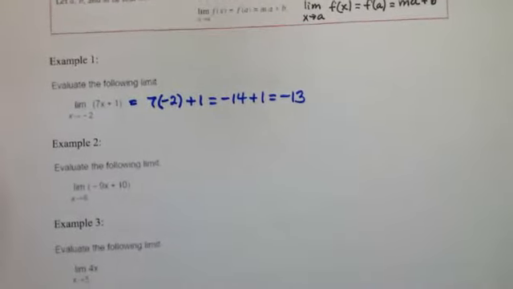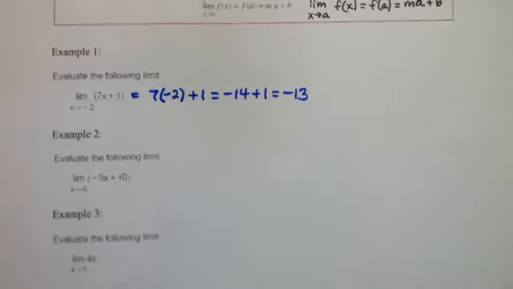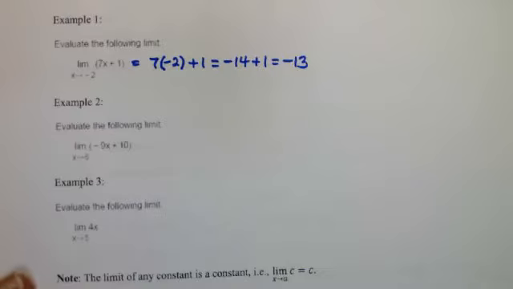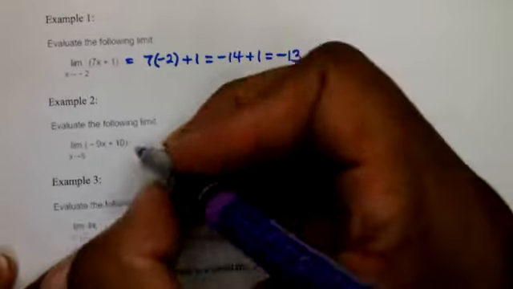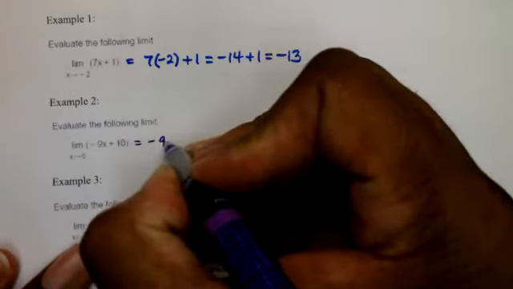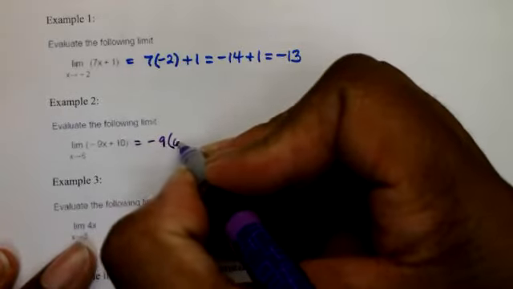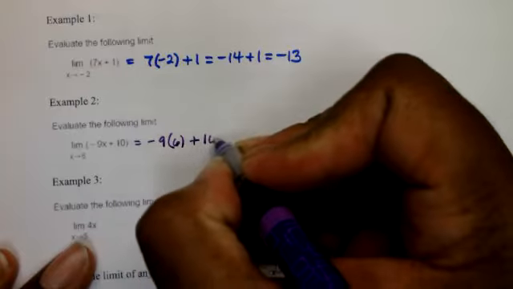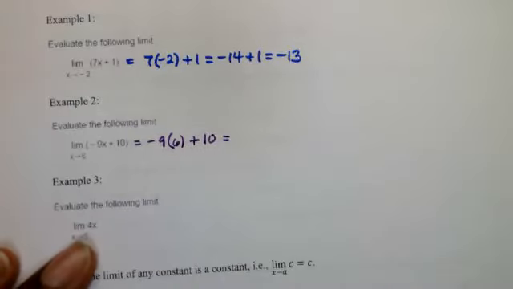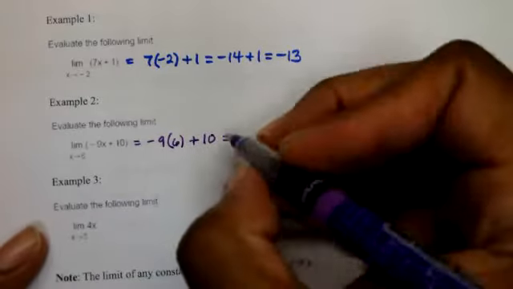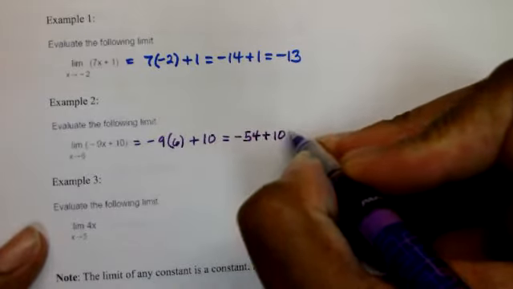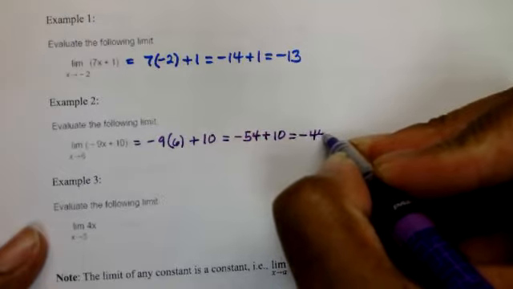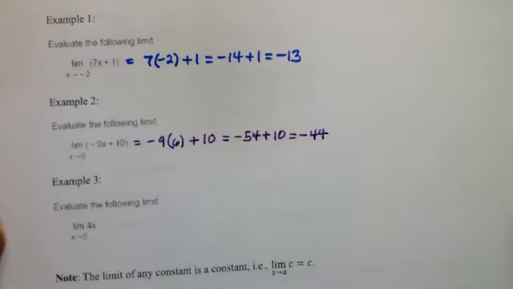To simplify that, we just substitute the x with 6. So this will be -9 times 6, plus 10. Here, -9 times 6 will be -54. -54 plus 10 ends up being -44.